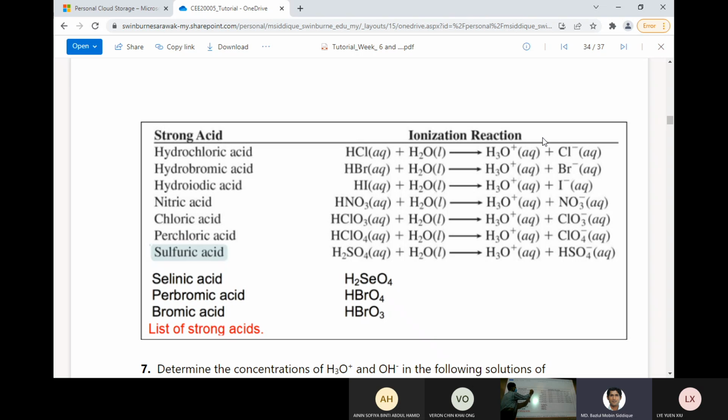Yeah, so this is strong. And then the next one? This one? Okay, 2, and then obviously this is 3. Anybody agree or differ with this ranking? Agree. Everybody agrees? So this is the strongest acid.